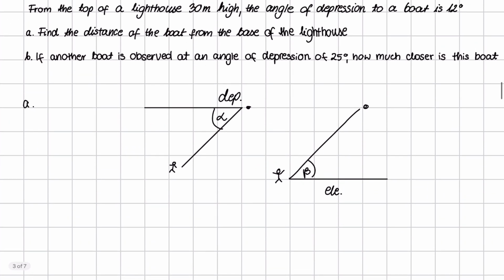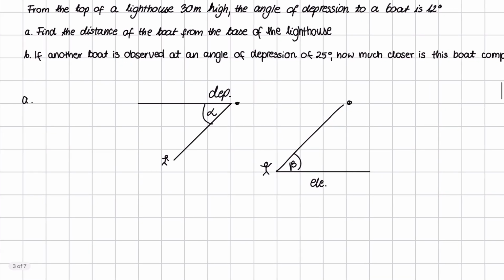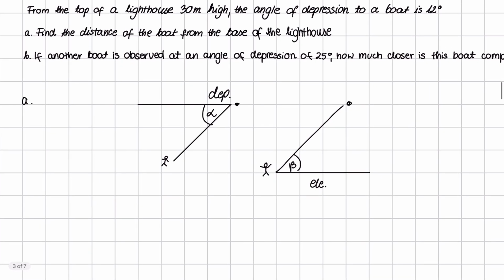So we have to find the distance of the boat from the base of the lighthouse. So we know that from the top of a lighthouse 30 meters high. So let's imagine that here we have our lighthouse, 30 meters. Here we have the top, and from the top the angle of depression to a boat is 12 degrees.